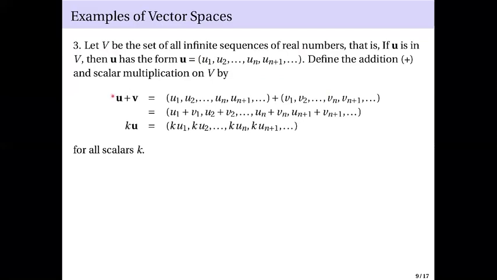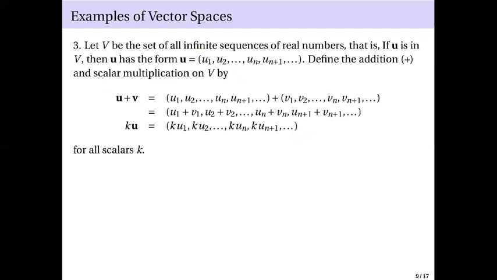Now, we define the addition and scalar multiplication. For the addition, it's component-wise addition again, but this time, of course, you extend this. And for scalar multiplication, you multiply again the components of your u by the scalar k, and you continue the process.